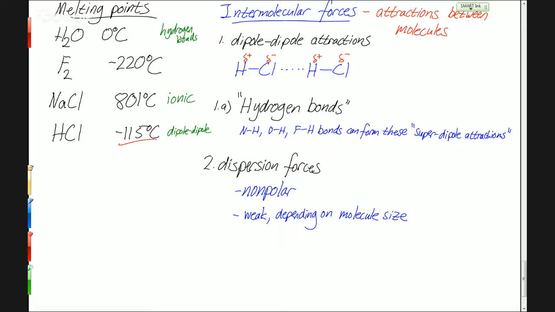Anybody know what hydrocarbons are as they get bigger? What kind of materials we make out of hydrocarbons, things that are only made out of carbon and hydrogen? We mostly just burn them, so we use them as fuels. If you have 8 carbon atoms with 18 hydrogens, so C8H18, that's called octane.